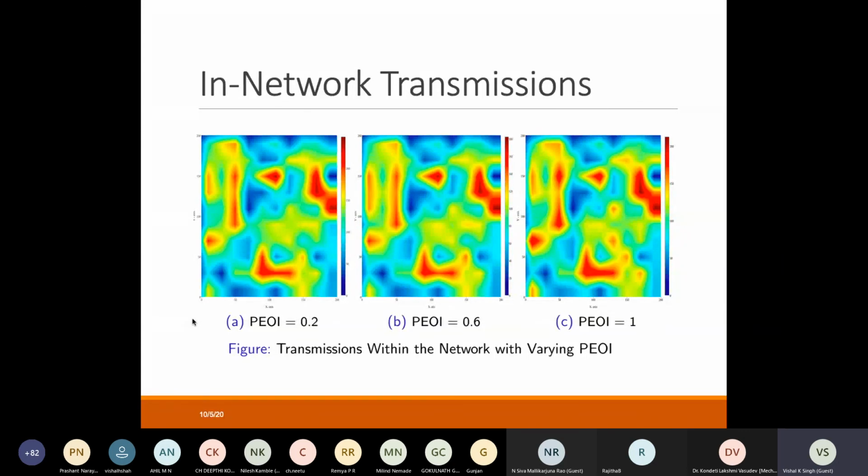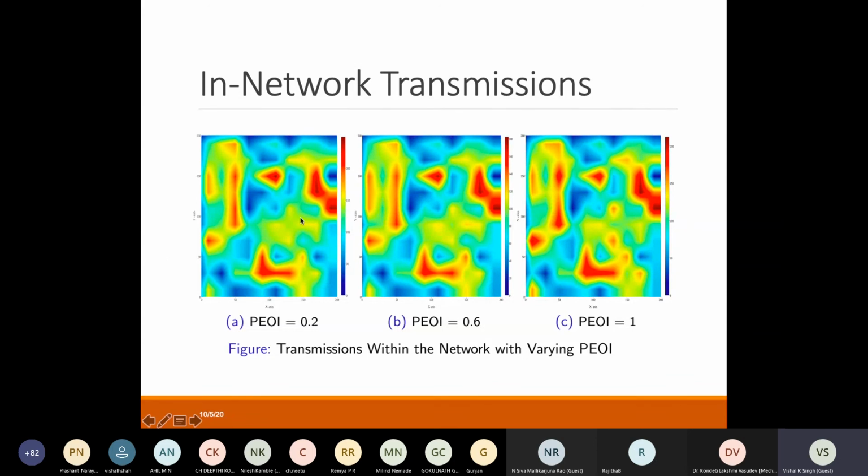And as you can see, the heat map which is being shown over here is reflecting the load distribution of the network. This is the entire network in which the nodes were deployed.